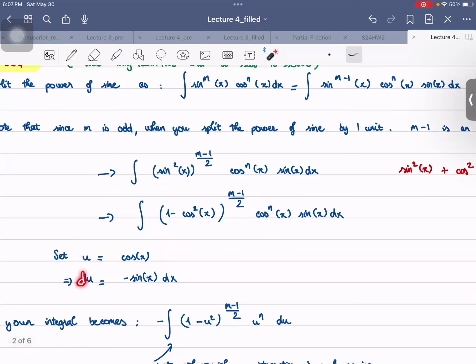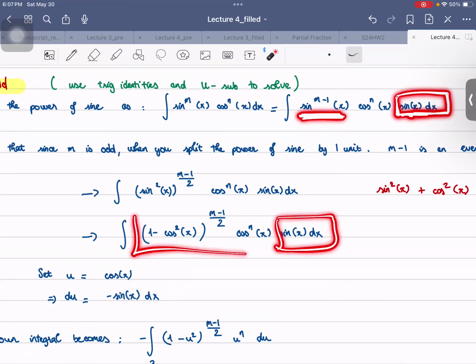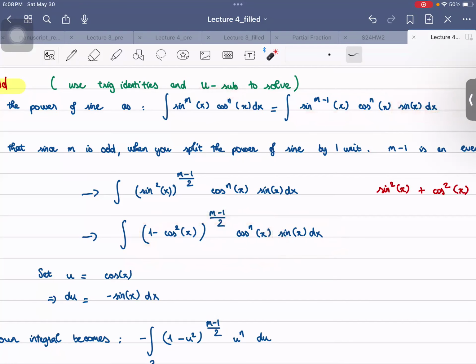When you take the derivative of u, the sine of x will appear, and that is the extra thing you saved at the beginning when you split the powers of sine. The rest is a function in terms of cosine, so you will use u substitution to solve it.